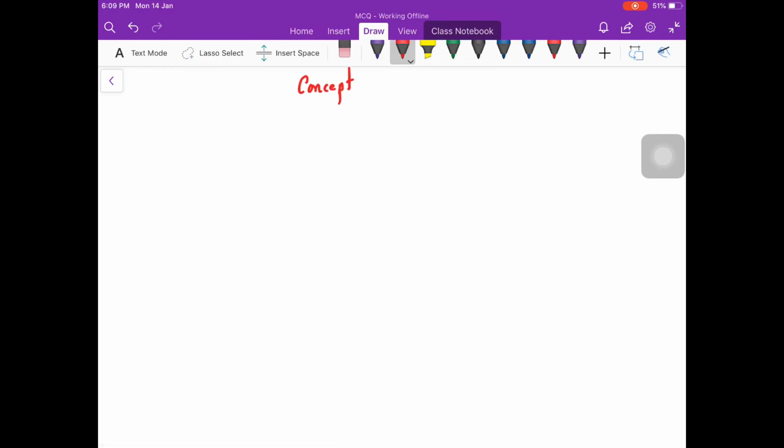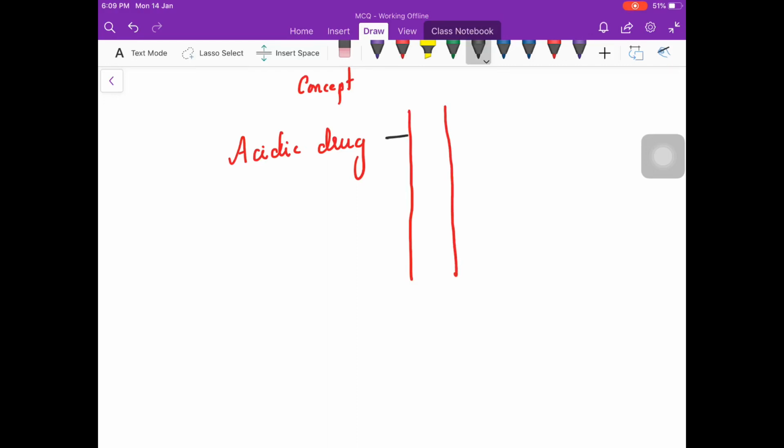The first concept you need to remember is, if there is an acidic drug and it has to cross a membrane, then it should be present in acidic media or acidic pH. That is one concept.